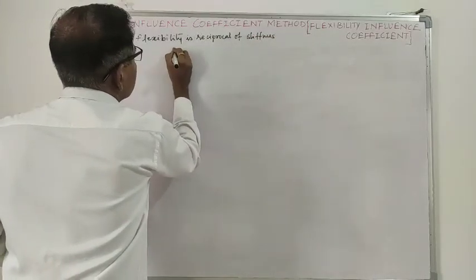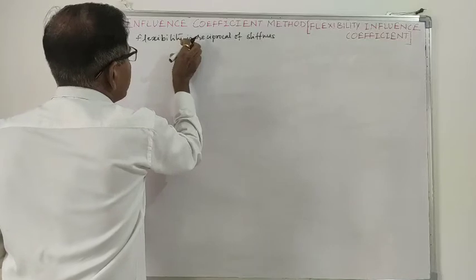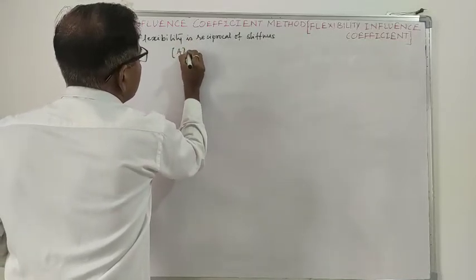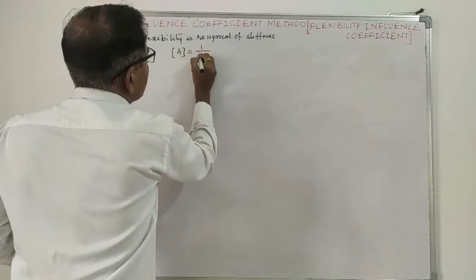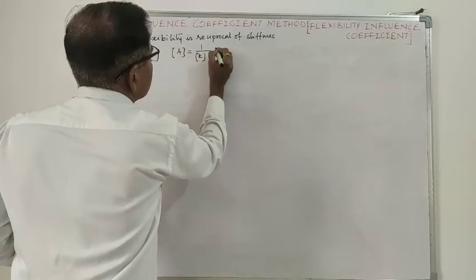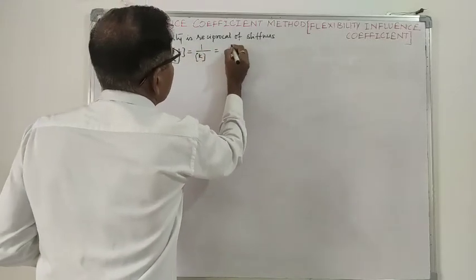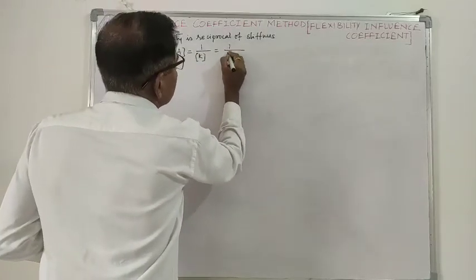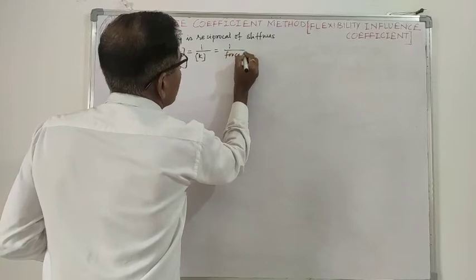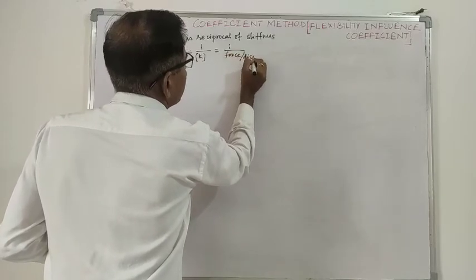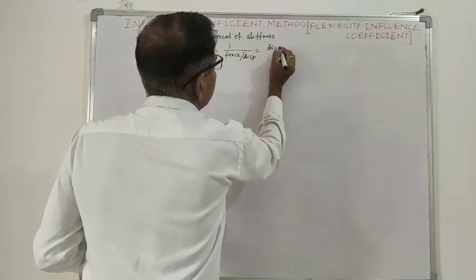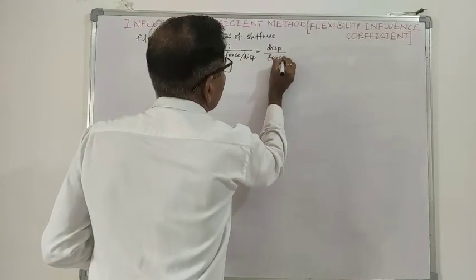That means the flexibility matrix is represented by A. So A is 1 upon K matrix. That means if we know that stiffness is force upon displacement, then flexibility is displacement upon force.